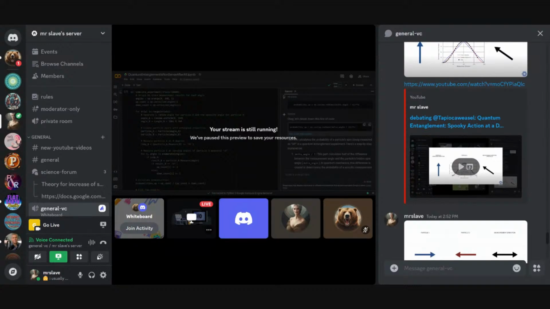You can't make a determination because the measurement apparatus is leaky. I just don't know why they can't put the detectors in the opposite directions of each other and shoot the photons that way.